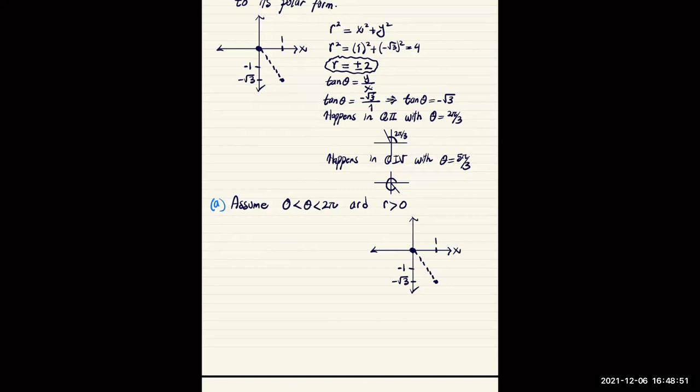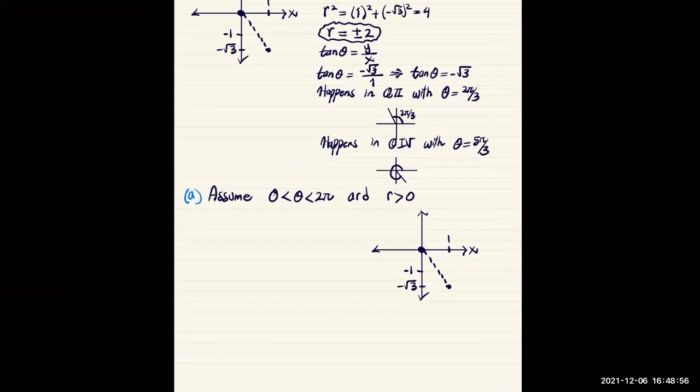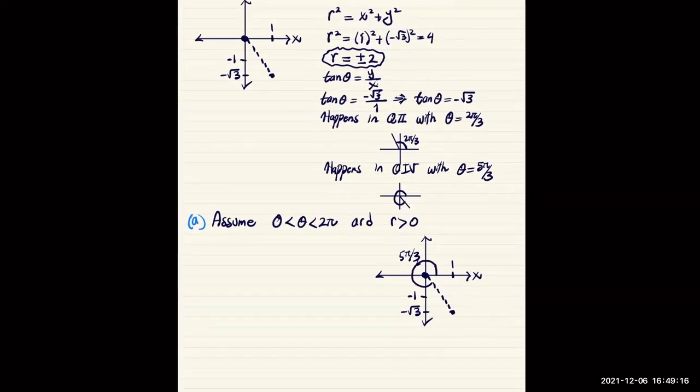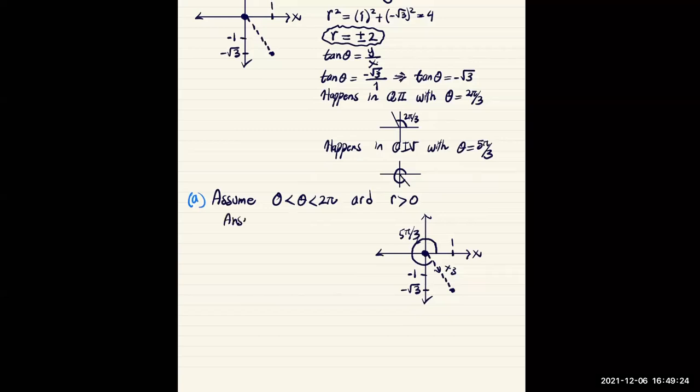So what you do is go counterclockwise by 5 pi over 3, and in that direction, go 3 units. If you do that, R is positive 3. So here the answer is going to be 3. I'm sorry, 2, not 3.